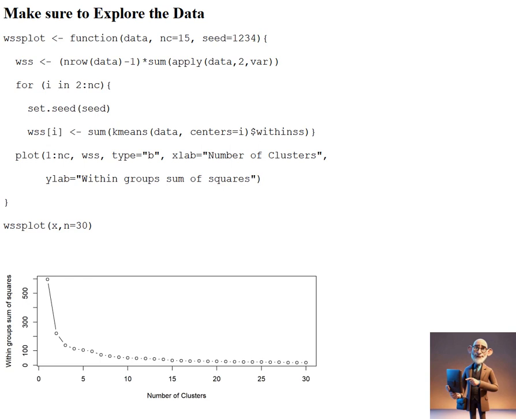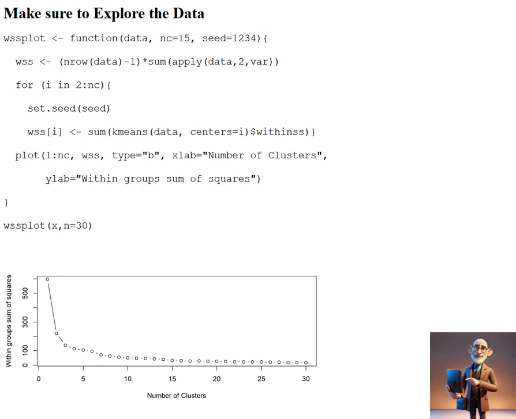The elbow method aids in finding the right balance between capturing patterns in the data and avoiding overfitting. The elbow in the plot signifies the point where adding more clusters doesn't provide significant improvement, helping us choose a reasonable number of clusters.